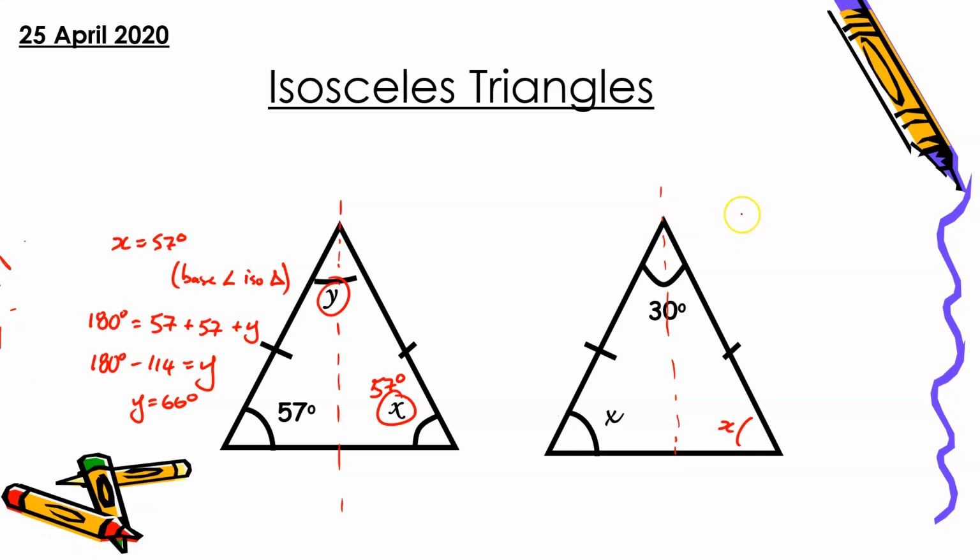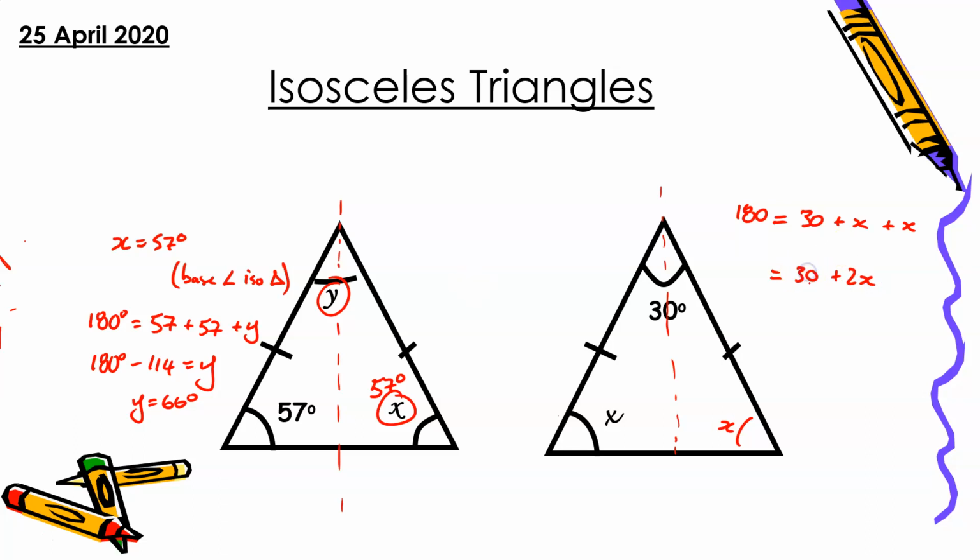How we do that is the angles in the triangle must be 30 plus x plus x. Now, because both of those x's are the same size, it must be twice x, or 2x.